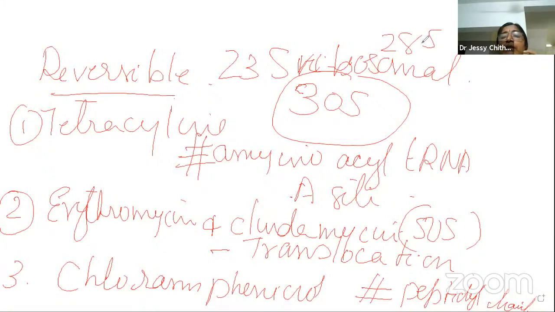Now coming to the mammalian inhibitors. Mammalian inhibitors are not used in clinics. They are used as a research tool or during clinical trials. They include puromycin.